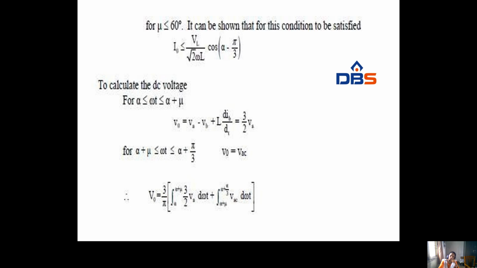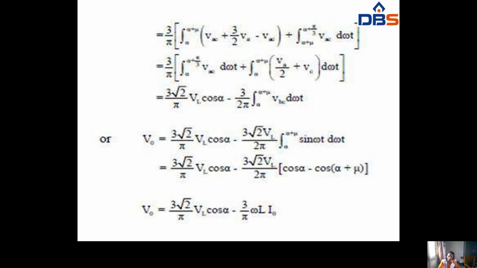So by substituting, V naught equal to 3 by pi times the integral from alpha to alpha plus mu of 3 by 2 VA d omega t, plus the integral from alpha plus mu to alpha plus pi by 3 of VAC d omega t.